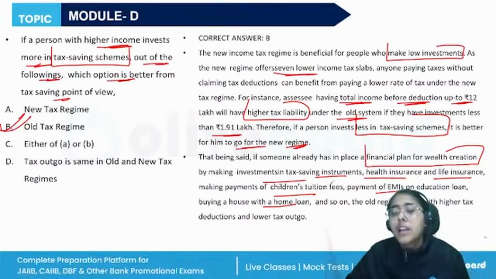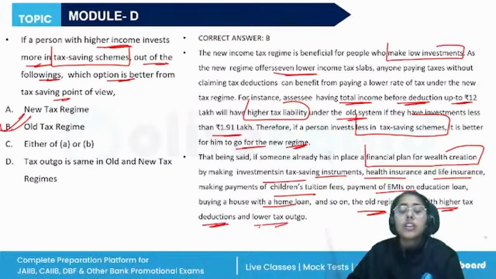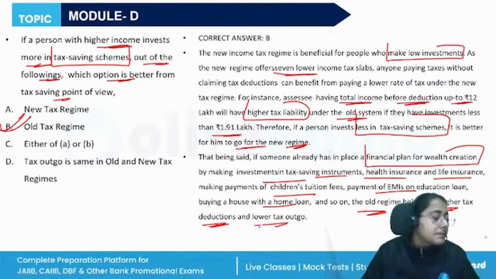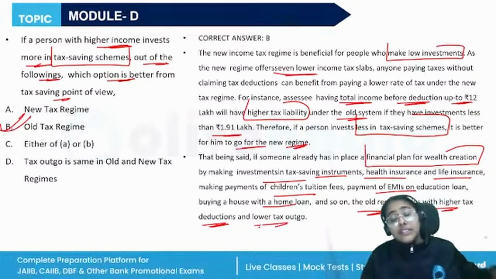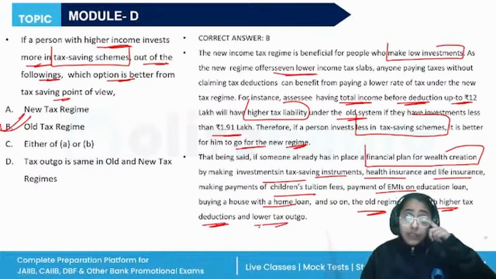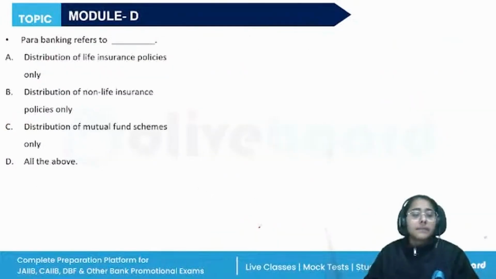So for them, the old regime helps with higher tax deductions and lower tax outgo. So whether you are investing in more tax saving schemes or not, this will help you decide between the new tax and the old tax regime.